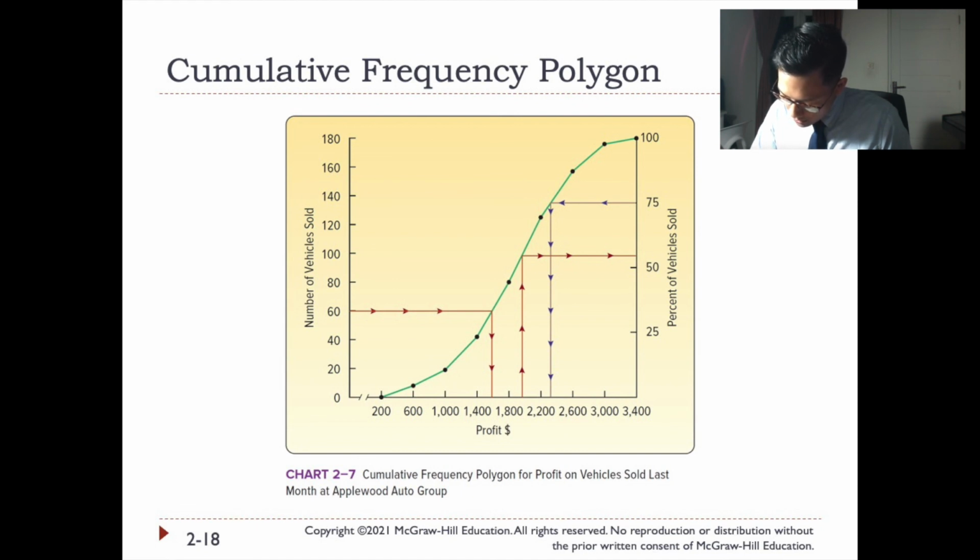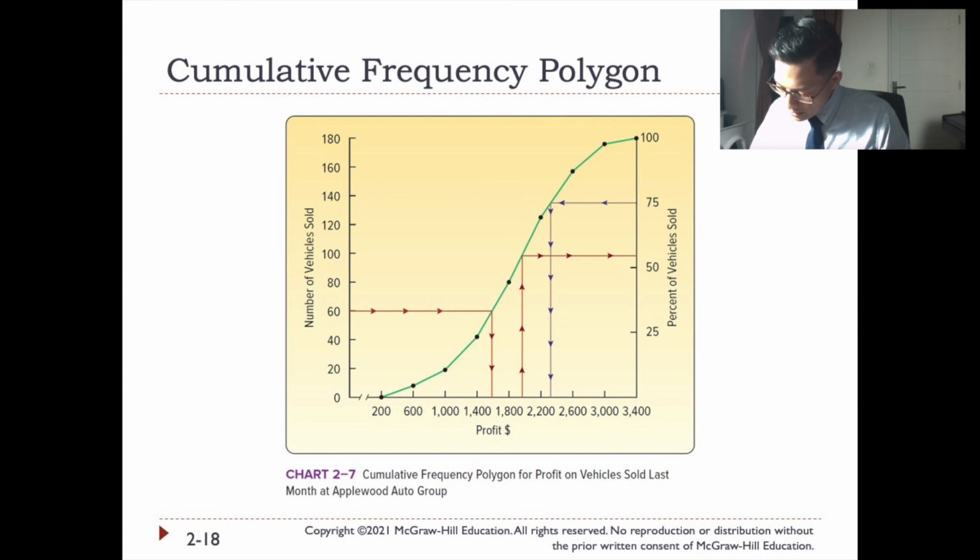If you look at this graph, it means that the number of cars sold for a profit below, say, 1600, is 60 cars sold.